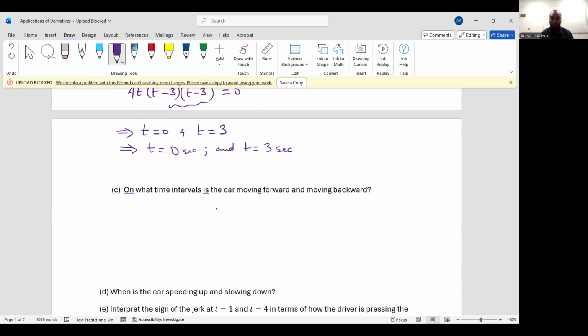It's as if you are driving to a supermarket or to school, maybe taking you 10 minutes, and someone is asking, on what interval of time are you moving forward or moving backward? We can ask that question. So how do we answer that?